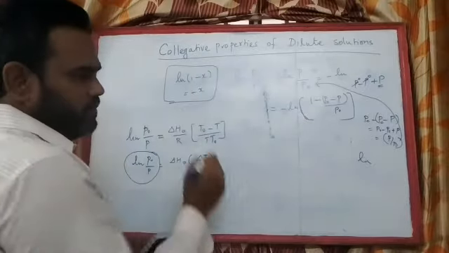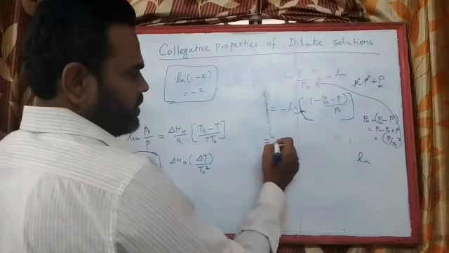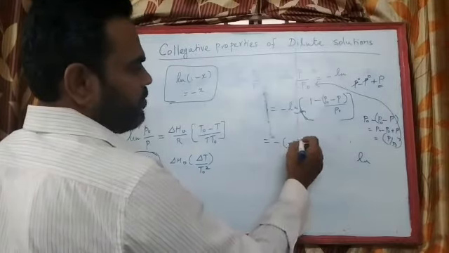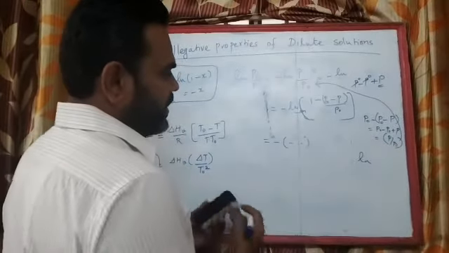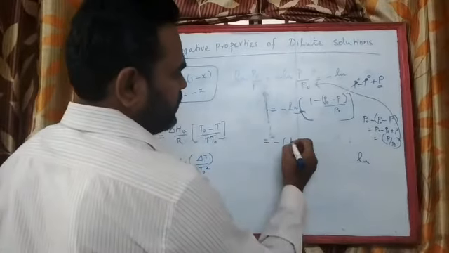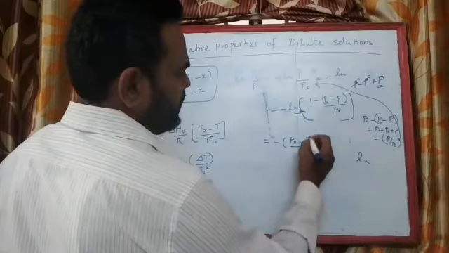So keep this formula in mind. So look into this, ln of 1 minus x is equal to minus x. So I have to write this minus x is equal to P0 minus P by P0.